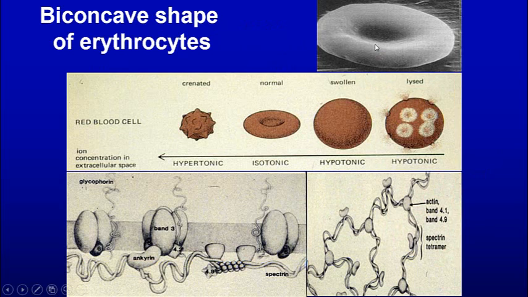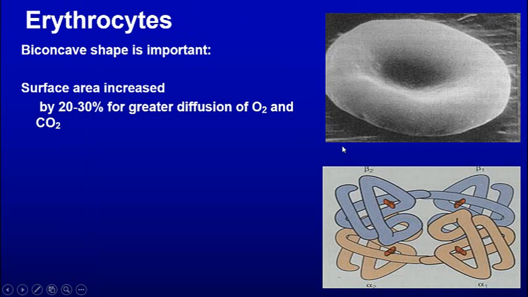Biconcave shaped, as you can see there, and it's brought about by proteins in the cell membrane, and also connecting to those proteins is spectrin that makes a mesh inside the cell membrane and facilitates this biconcave shape. If you have a hypotonic solution, it gets crenated, swells under water, and can even pop if it's in water for such a long time. Sometimes you can drink too much water, and it can make your cells pop.